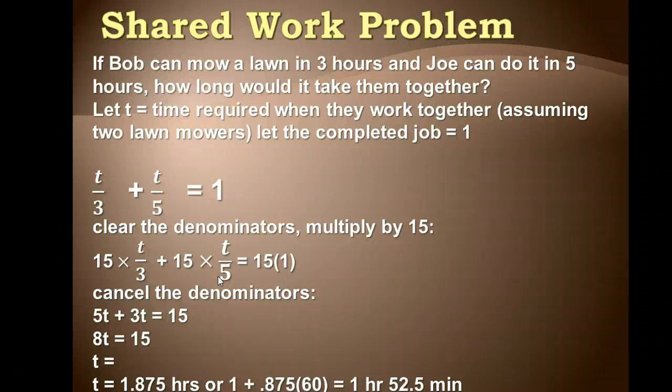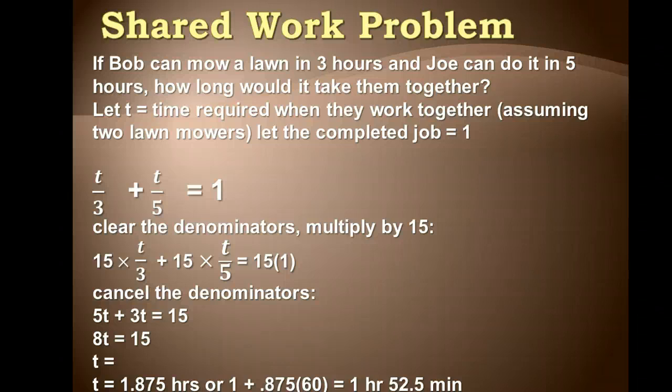It's like you're dividing out the 5s. And then you just end up with 3 times T. The denominators are now gone. Some people like to call it canceling out. Others, I've met math professors who hate that, so maybe I shouldn't say canceled. So here we go: 5T plus 3T equals 15.